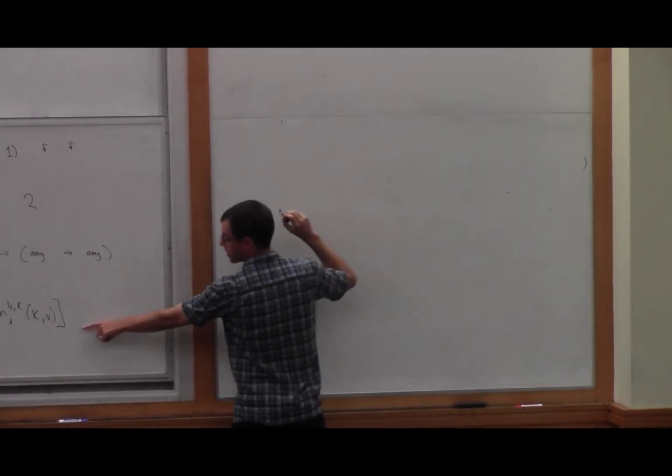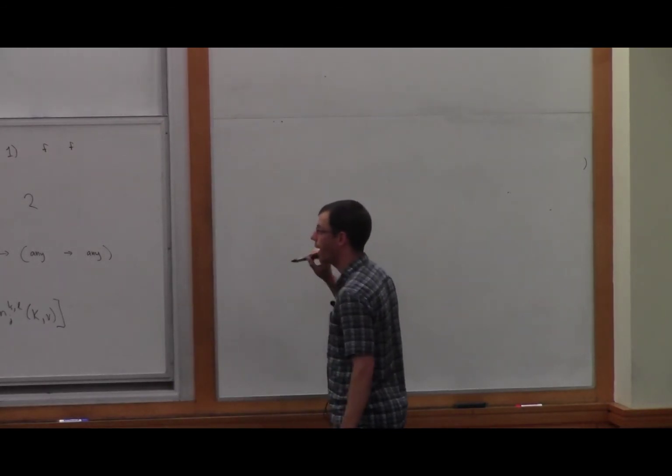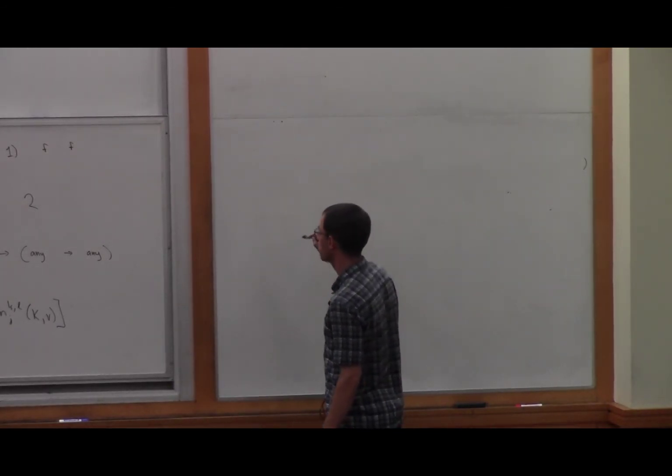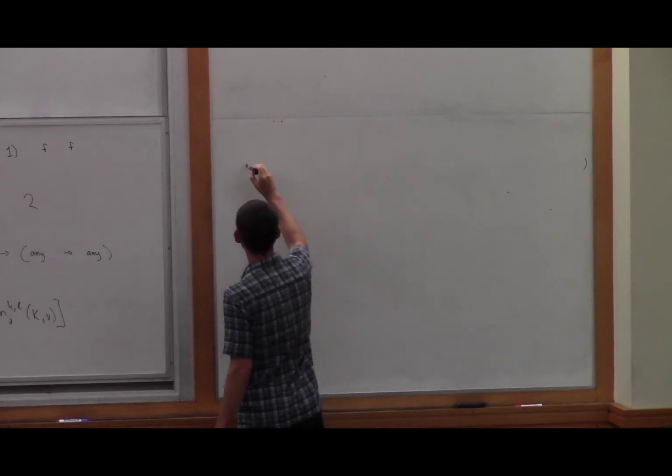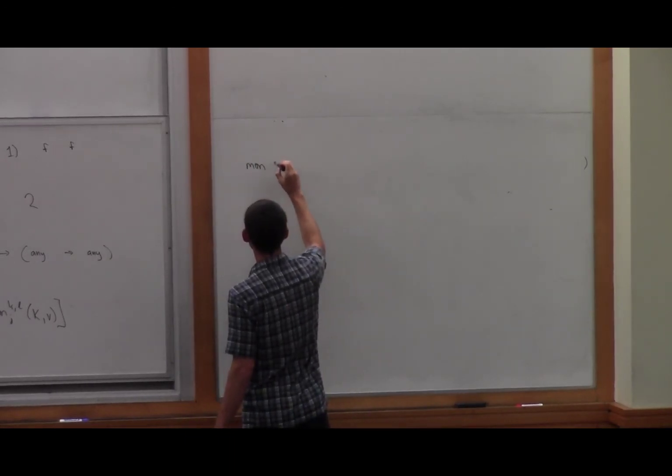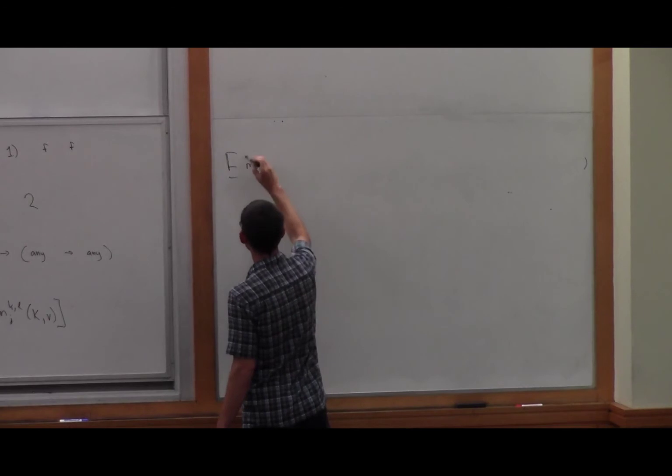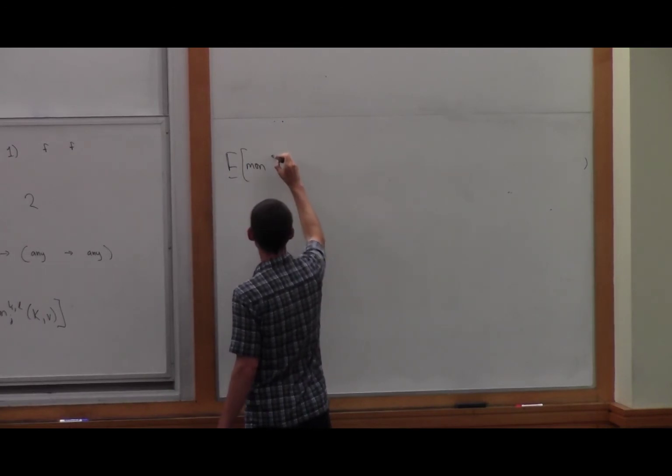We've got this expression, and we have mon, we have some evaluation context around mon k, l, j.